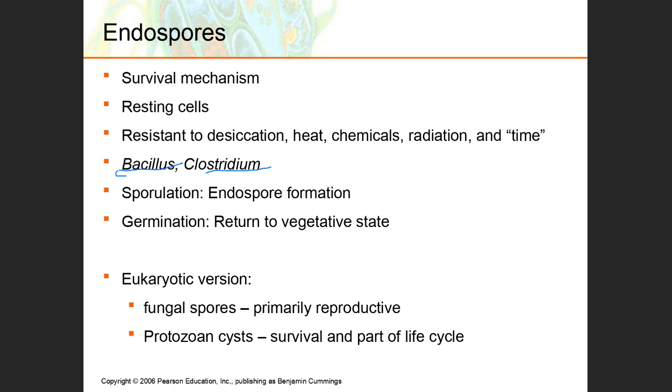There's too much damage. But since it's dormant, radiation has very little effect on spores. And they've actually sent spores up on the space shuttle and exposed them to outer space. It depends on what kind of organism it is, but they can survive for certain periods of time.